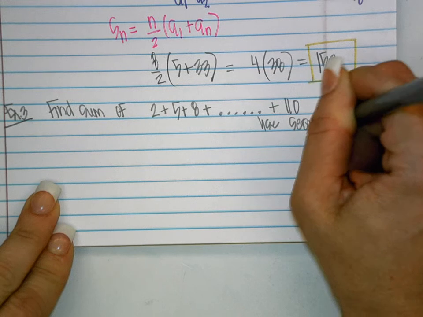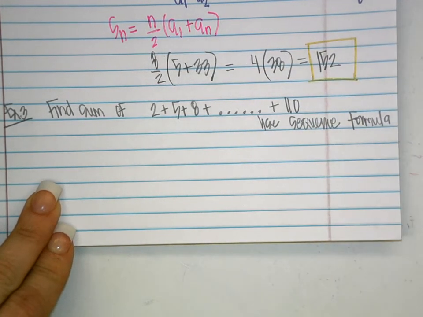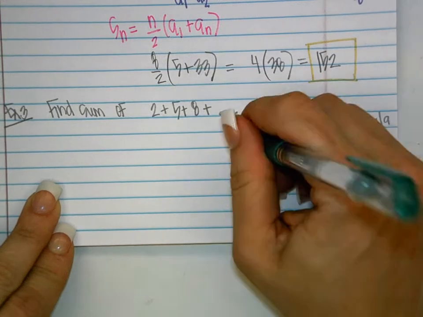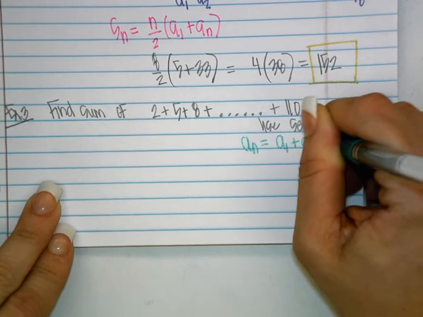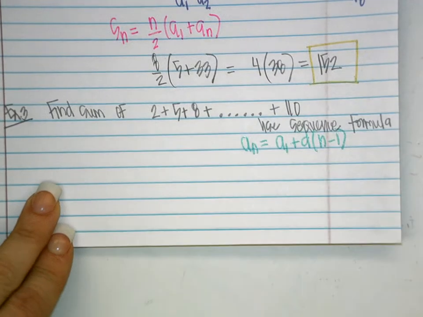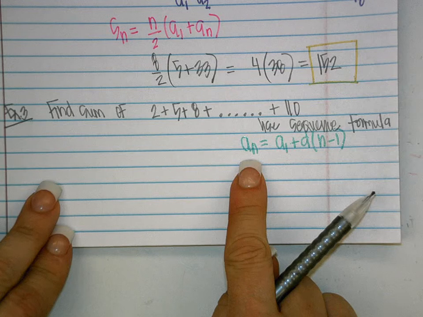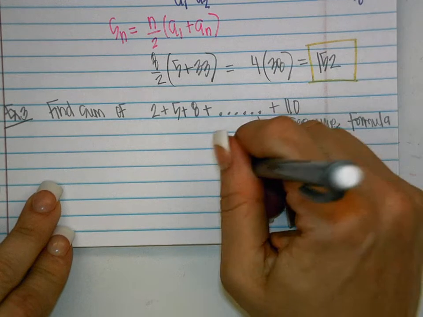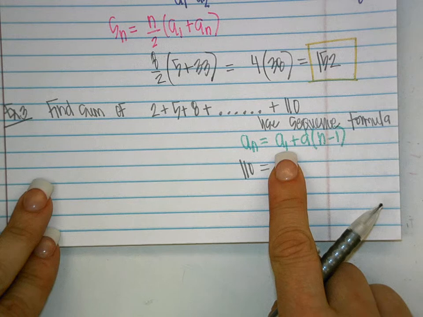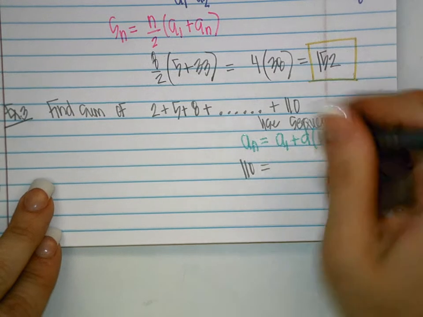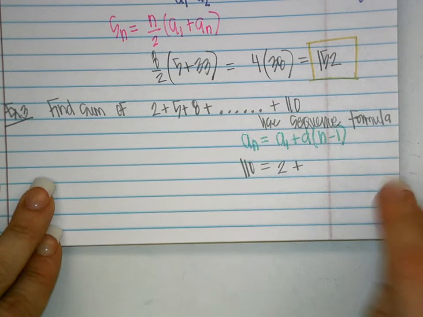The sequence formula was what? AN equals A1 plus D times n minus 1. And we're going to plug in. The last term here is 110. It's equal to the first term, 2, plus the common difference, 3, times n minus 1.